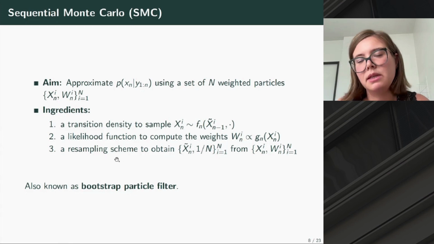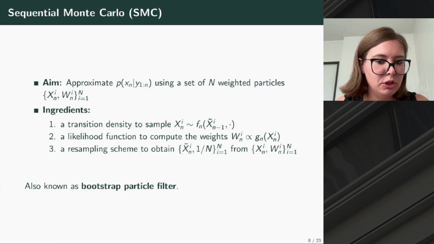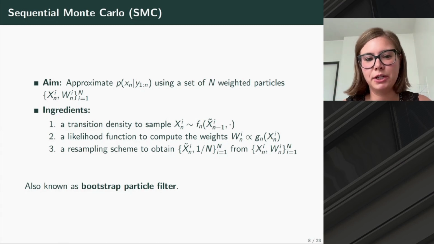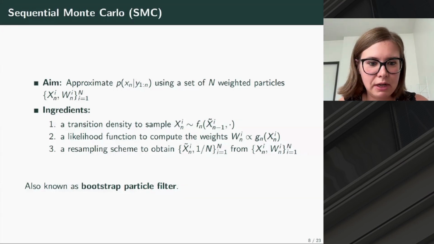A resampling scheme, you can imagine, is just drawing from a multinomial distribution in which these are the outcomes of the distribution, and the weights are the probabilities of observing each outcome. I will have a picture in the next slide to give some more intuition on this particular set of algorithms.